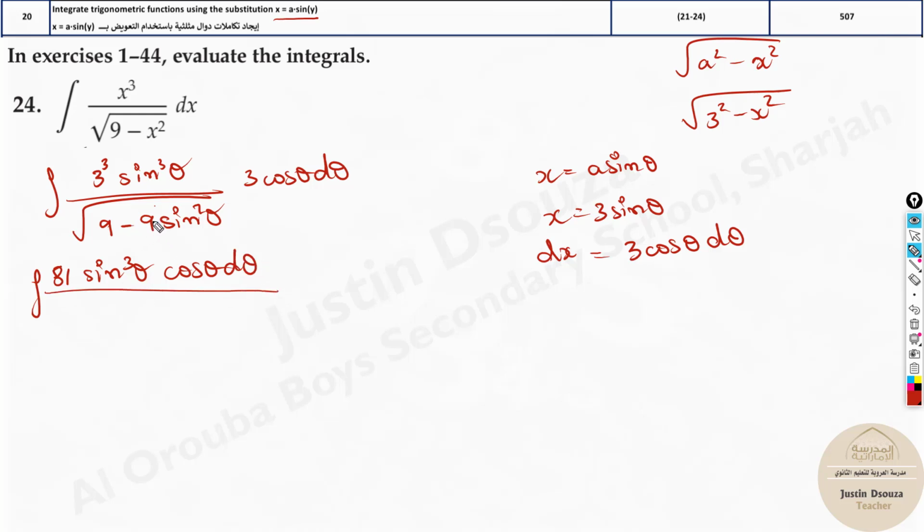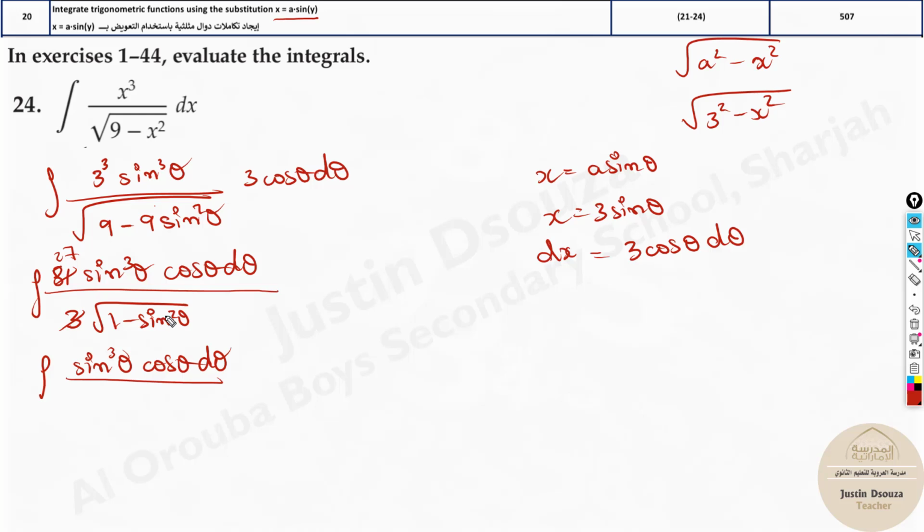What is there over here? We can take 9 common, and I'll remove it out of the square root, so it's going to be 3 outside over here, and we will remain with 1 minus sine square theta. This is again 27, back to 27, and this 3 cancels off. We will have sine cube, wait, I'll do the other things later, cos theta d theta divided by, what is up over here?